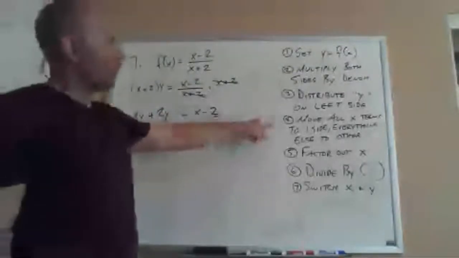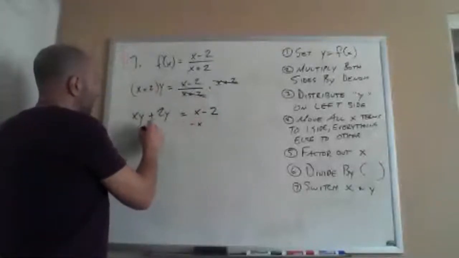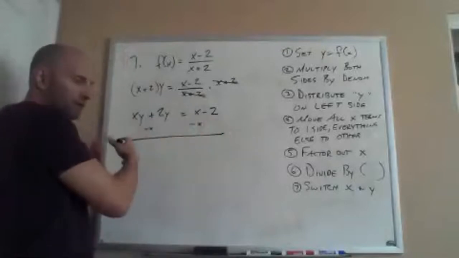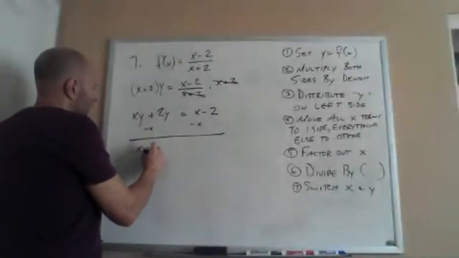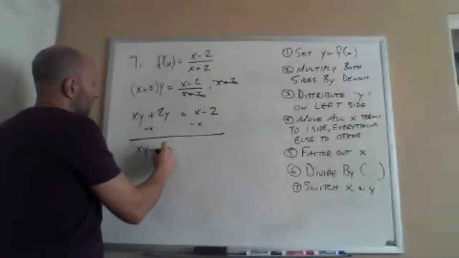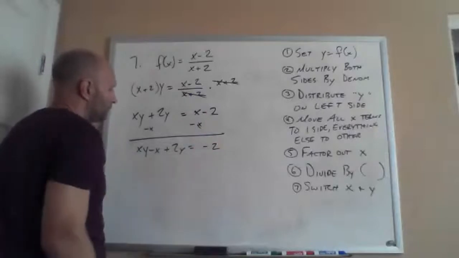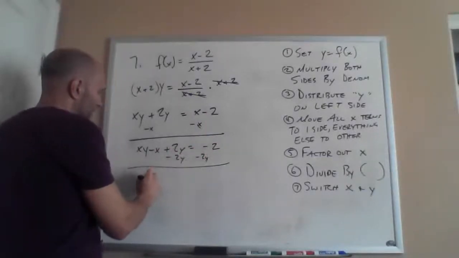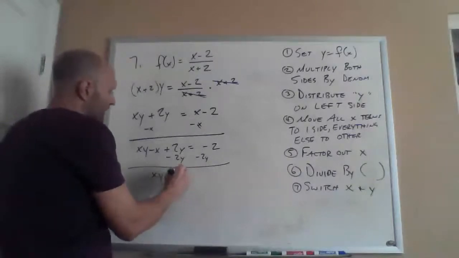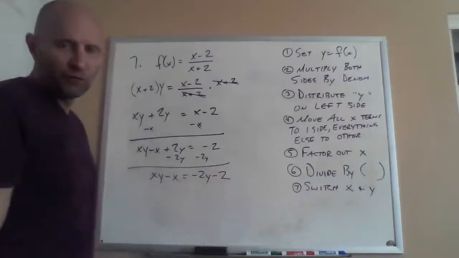Step 4, move all the x terms to one side, everything else to the other. So I'm going to subtract x from both sides, and you can either move everything to the left or everything to the right. It's your call. So we get xy minus x plus 2y, those cancel out, is equal to negative 2. And now subtract 2y. So you have xy minus x equals negative 2y minus 2.